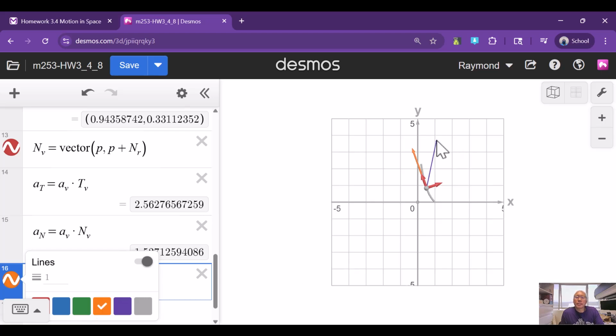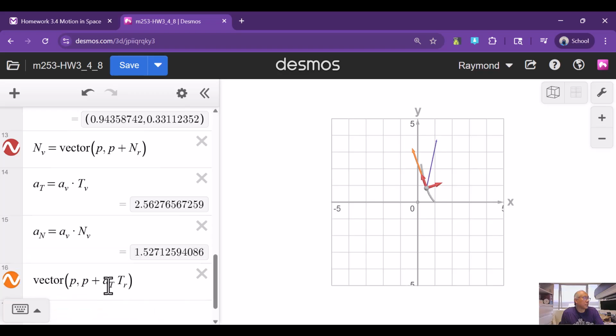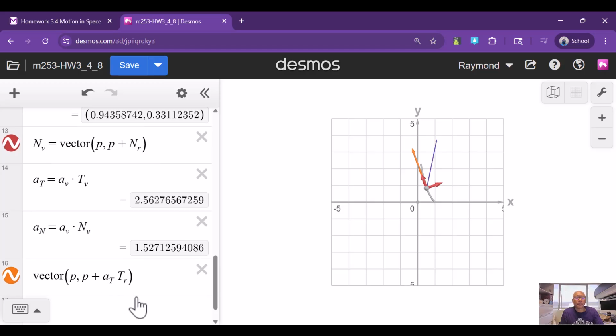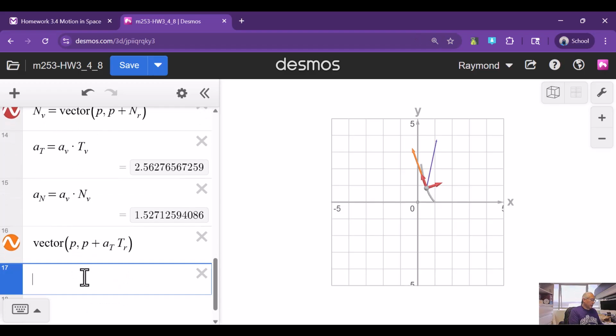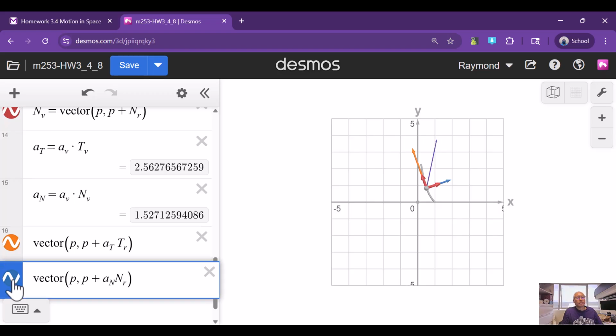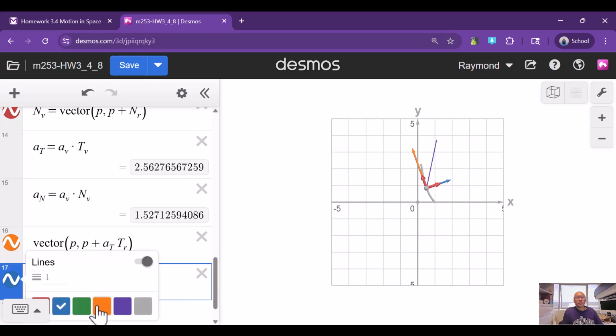And that's to say that if we were to project the acceleration vector onto the extended tangent vector, a sub t is going to be the scalar to project that. Okay, similarly, we can create a vector from P to P plus a sub n times the normal vector, and this is going to be sub r. And I'll change the color of this to orange as well, and so you can see that that projects down here.